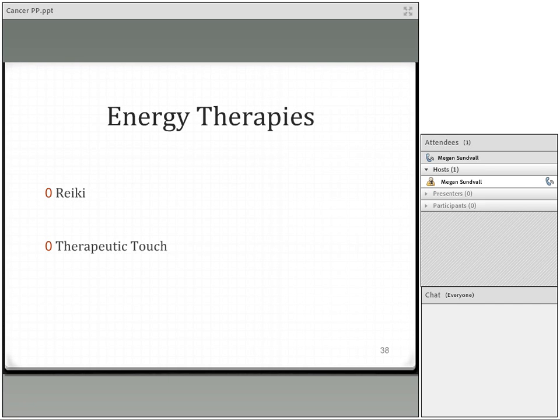Next is therapeutic touch. It's based on the theory that the body, mind, and emotions are complex energy fields, and that we're trying to promote relieving tension, headaches, reducing pain, speeding the healing process, reducing stress, and improving the immune function through touch.